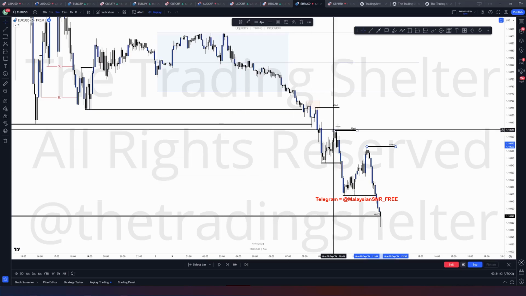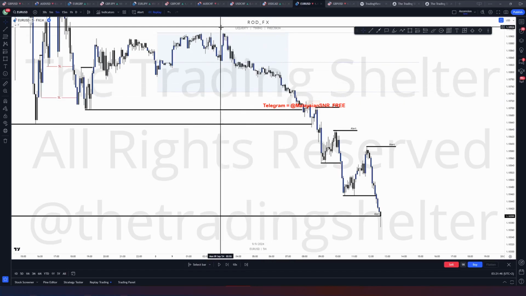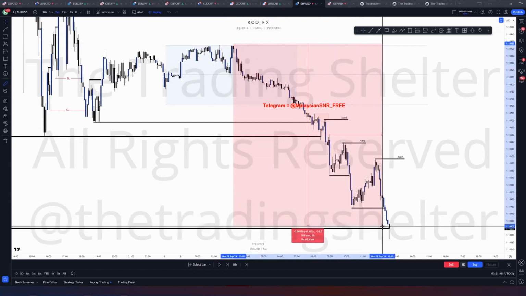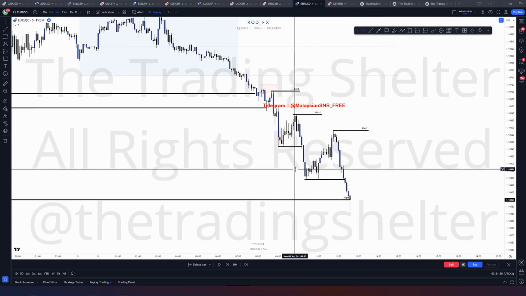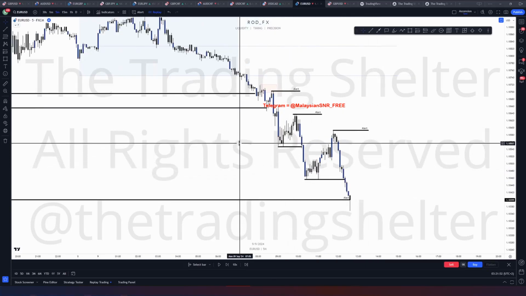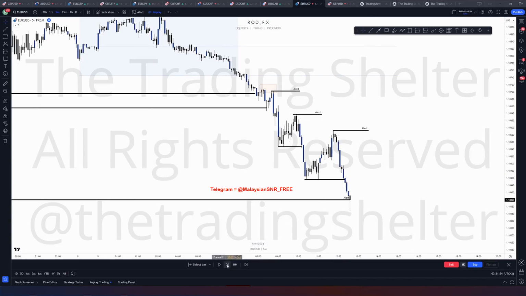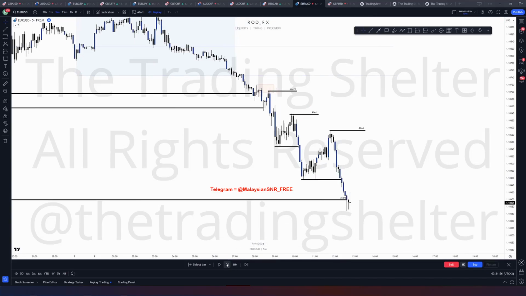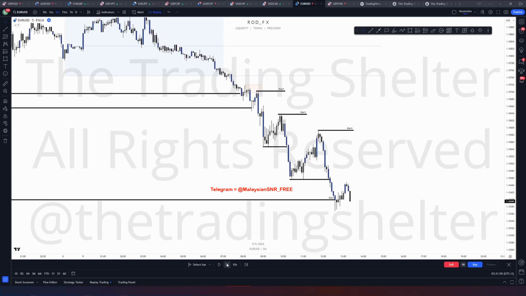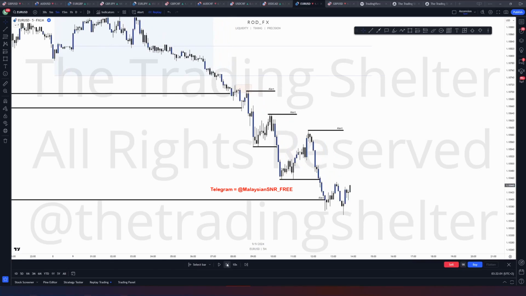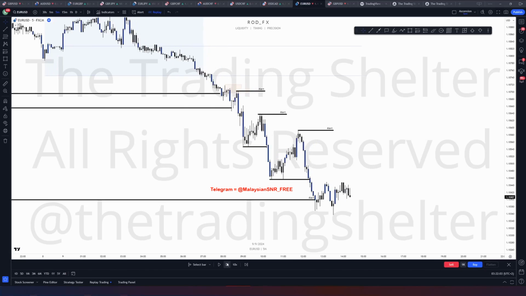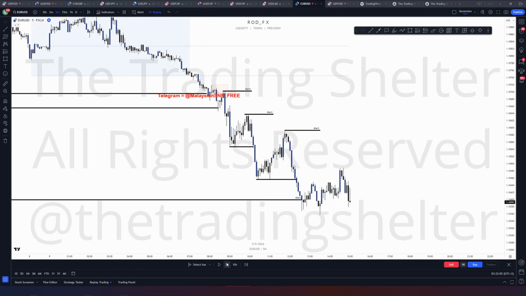But it's way different when the price is overextended for literally 8 hours with who knows how many pips, right? And until you have a clear intention of buying, you don't buy, right? Let's continue.